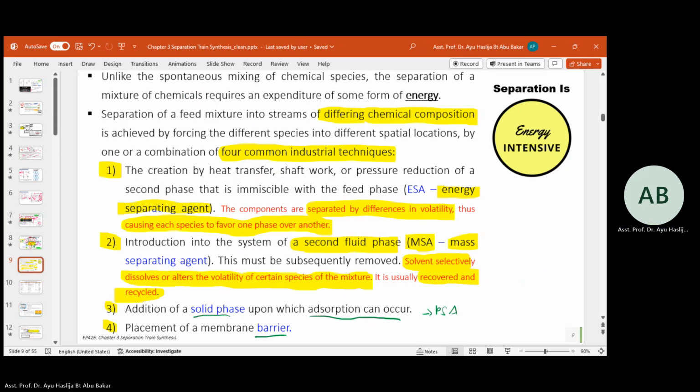Aisha, how about you? When you have two liquid mixtures, I say two liquid mixtures, will membrane work to separate them? No or no idea? You don't think so because?